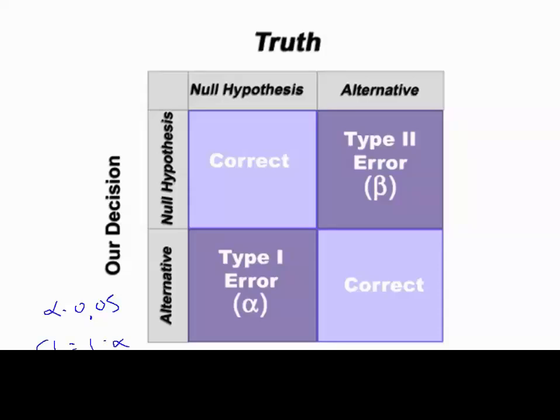Type 2 error occurs when the truth is the alternate, but our decision is to not reject the null hypothesis. Okay? It's called a type 2 error. It's a failure to reject when we should reject. And that one has a probability that we write as beta. This one is a little more complicated.